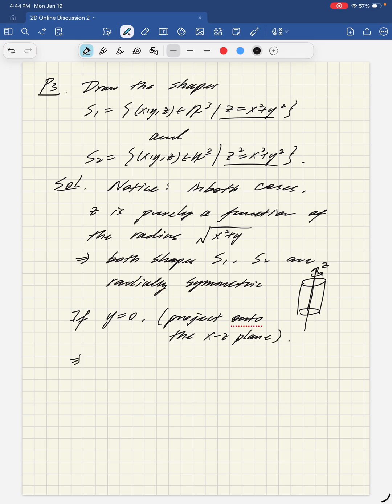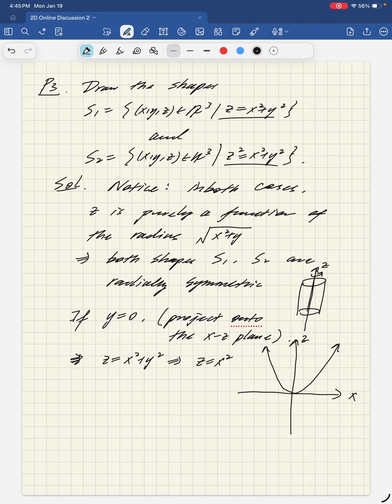Then we get, for the first one, z equals x squared plus y squared, we have z equals x squared. And this is just a parabola, right? So this is going to be x, and this is my z.